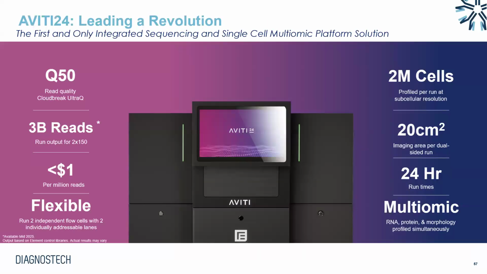And now I mentioned that I would touch on it, the AVITI 24. So this was only released in December last year. And this is a 5D multi-omic system. It's truly the first and only fully integrated single-cell multi-omics platform. So it's an NGS sequencer with added capacity to do cytoprofiling.